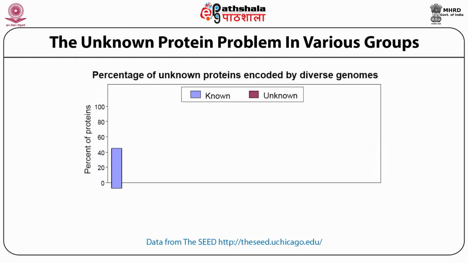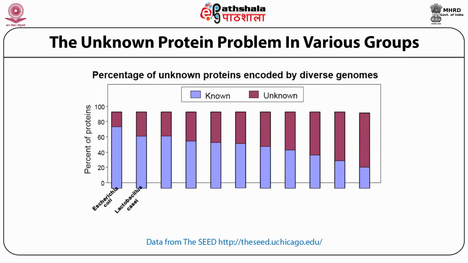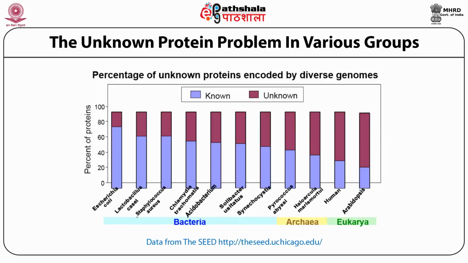We can discuss the unknown protein problem in various groups. If you see this map, that's the data from SEED, showing the percentage of unknown proteins encoded by diverse genomes. You can see that despite the fact that E. coli has a very small genome, still around 25% of proteins are of unknown function.